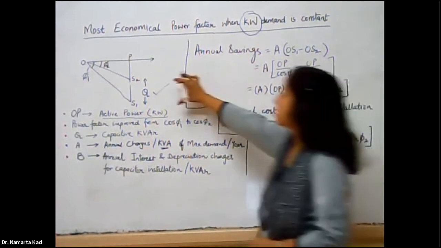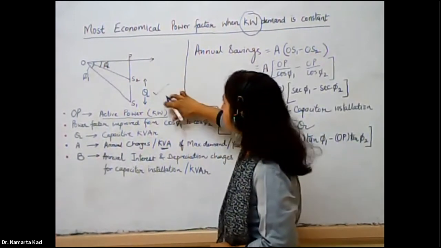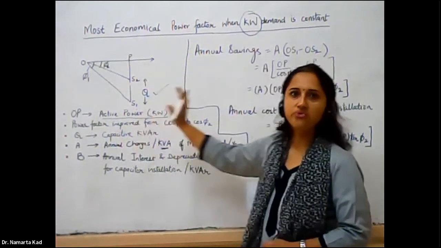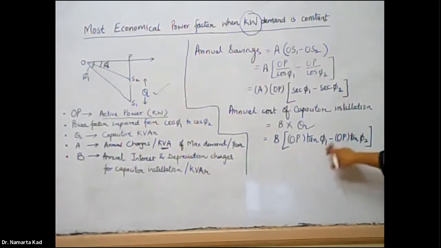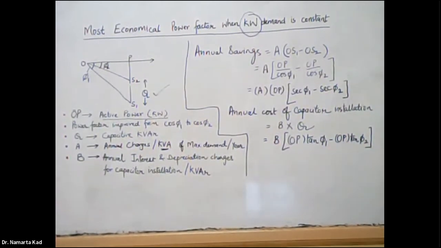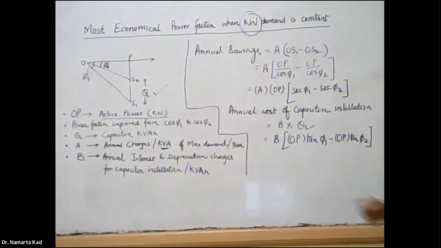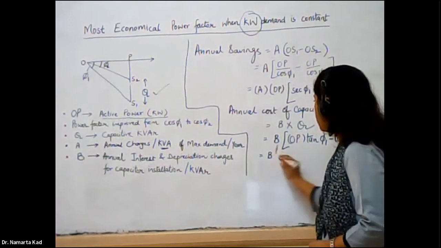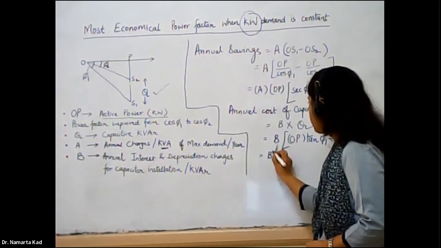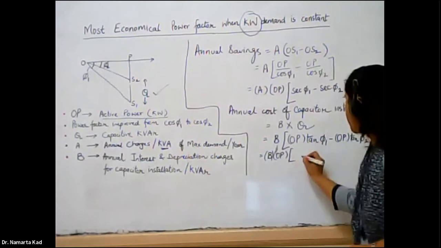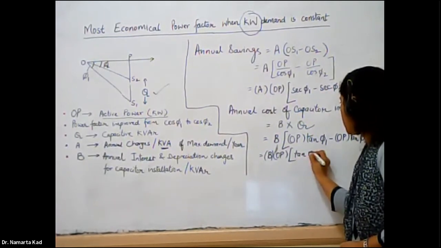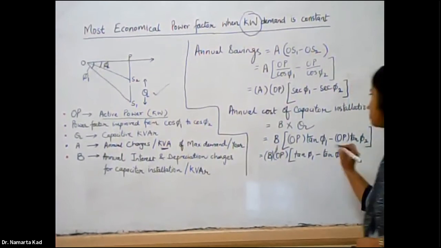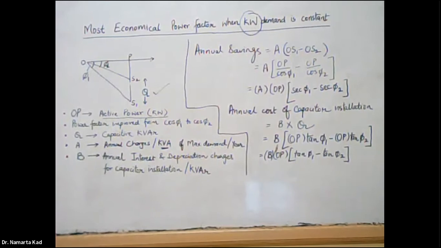This one is Q. It is PS1 minus PS2, so I am using here the relation of tangent. Here also take OP as common. So B into OP, and in the bracket it comes out to be tan of phi 1 minus tan of phi 2, like this.